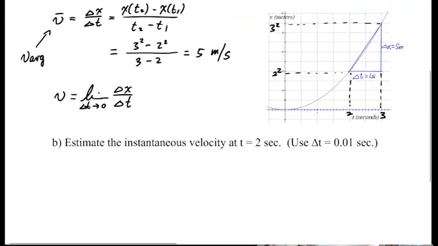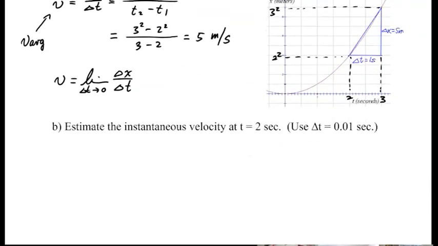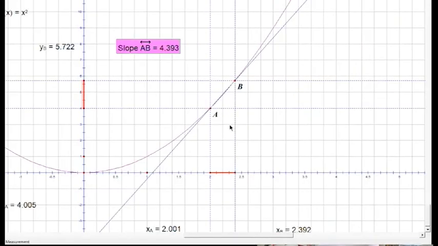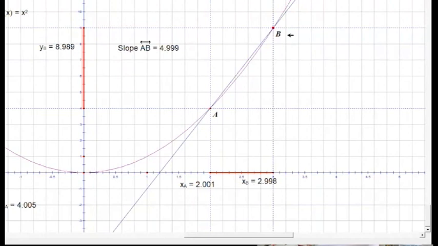Now we can estimate it by using delta t to be 0.01. I have graphics for you on what that means, so let me show you. Say this is 2 here, and this is the other point, and it used to be 2 to 3. There, you know what I'm saying?